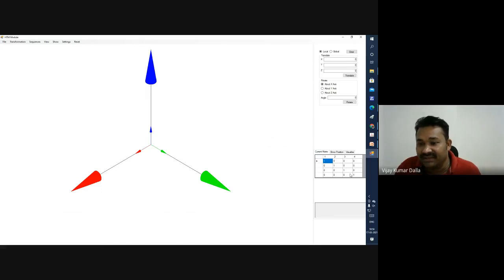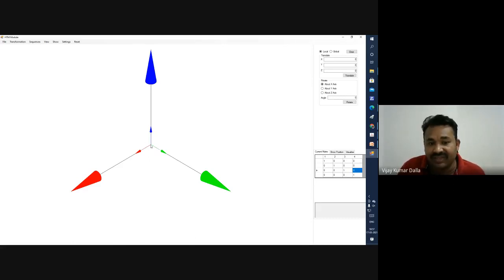See the matrix, and see the last column, which denotes the position vector. If you see 0, 0, 0 values, x, y, z values are 0 here. That's why the last column values of the position vector are also 0. Also, there is no rotation.